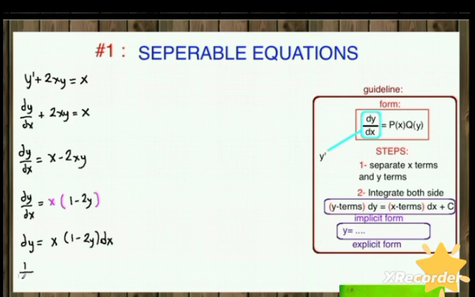So it's going to be 1 over (1 minus 2y) dy equals x dx. Now we completely separated the variables. x terms are on one hand side with dx and y terms are on the other side with dy. Now we can start integrating both sides.